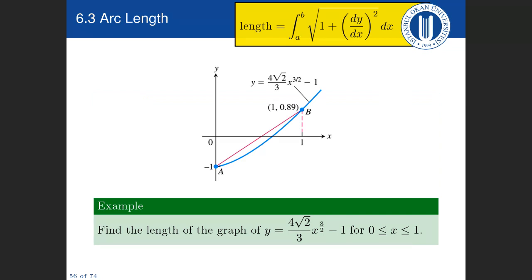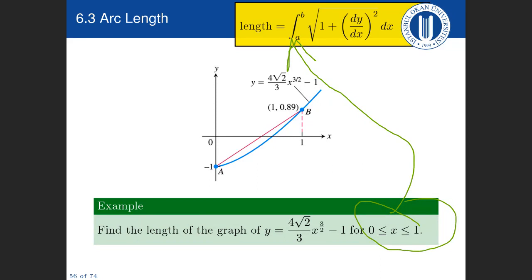Find the length of the graph of y equals 4 root 2 over 3, x to the power 3 over 2, minus 1, for x between 0 and 1. Okay, straight away we're told the limits of integration. We're going to be integrating from 0 to 1.